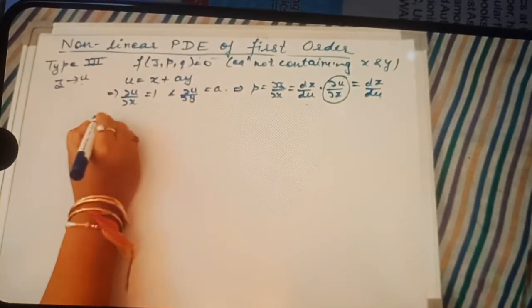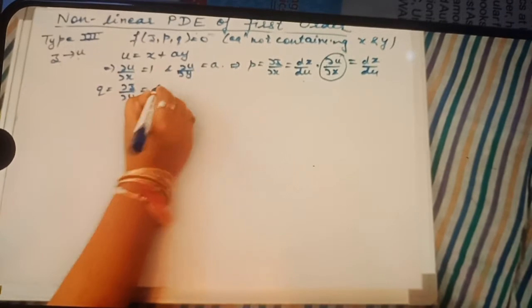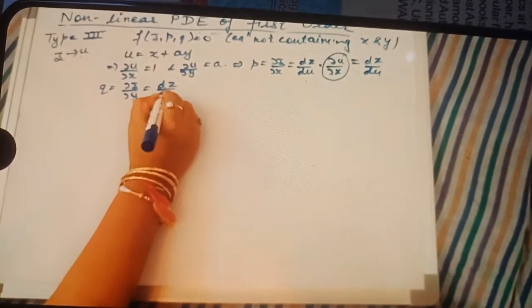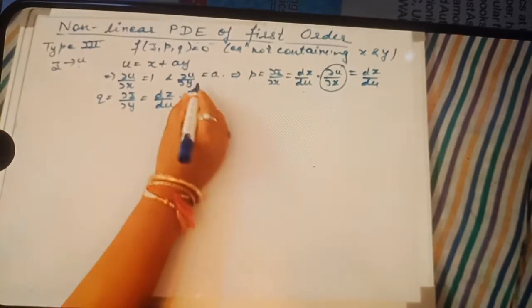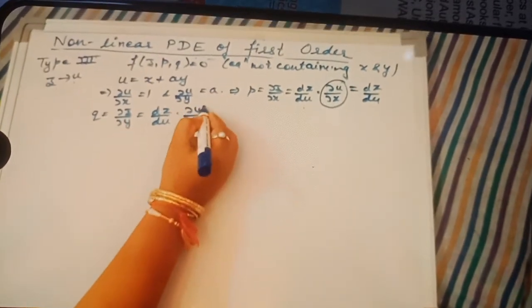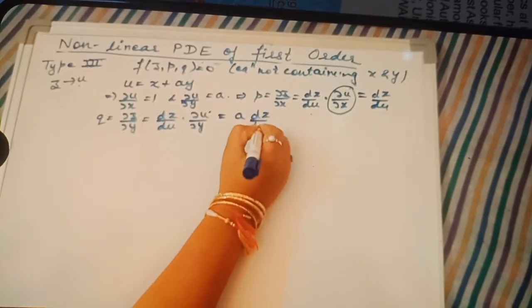Similarly, we will find the value of q, del z over del y. This can be written as dz over du into del u over del y. Now, in place of del u over del y we put a, so this value becomes a dz over du.